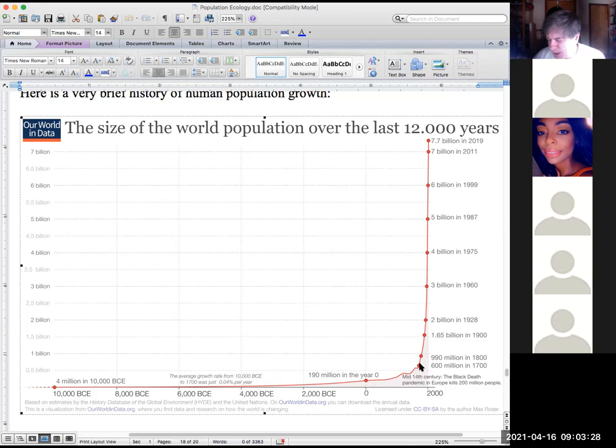And notice that if we go up to this time period between the year 0 and 2000 and almost over to the year 2000, the global human population hits 600 million, then 900 million, then somewhere in the late 1800s or the mid 1800s, the global population reaches 1 billion.